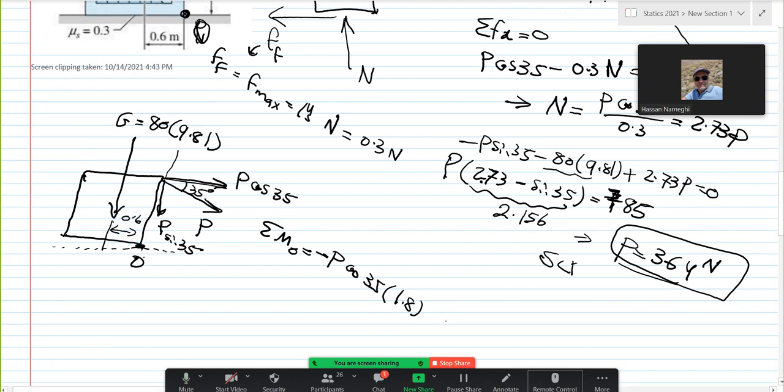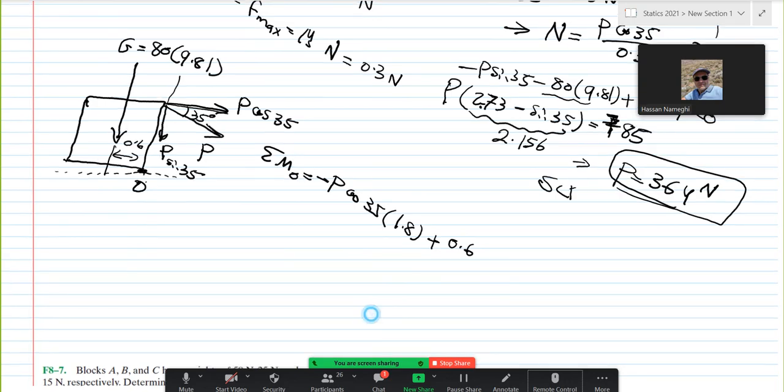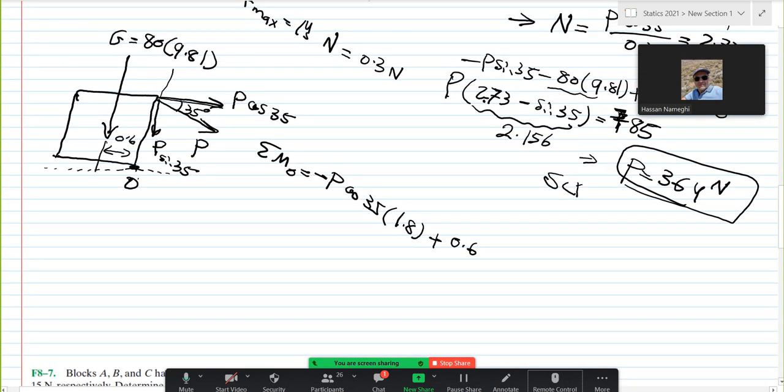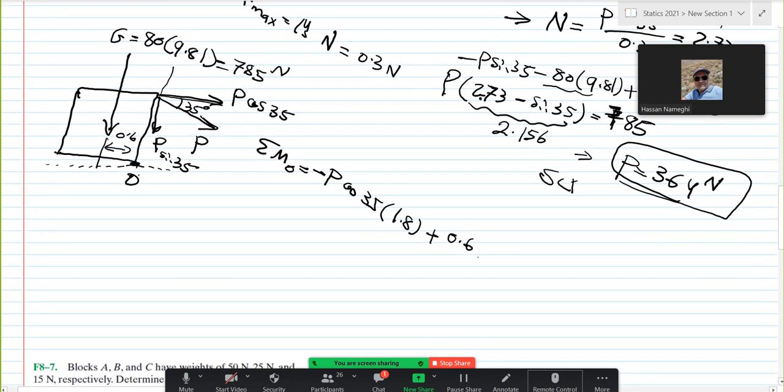So I'm going to get minus, again that will be plus 0.6 times 785. I'm going to put equal to 0. The 0 means that that will be the moment of the tip over. If we go a little bit more on P, we'll start the motion.